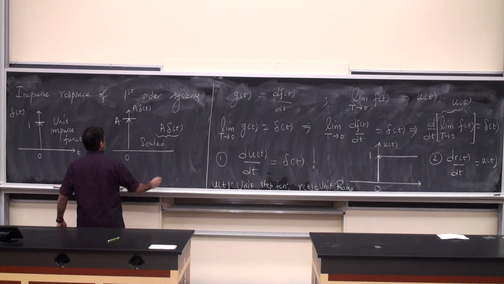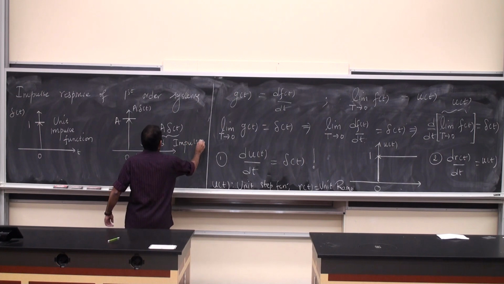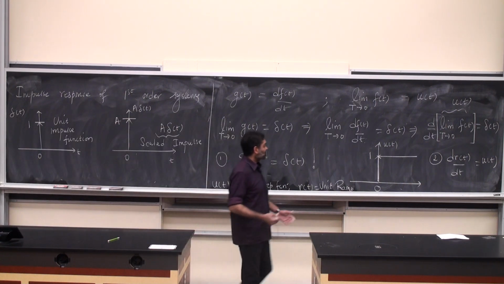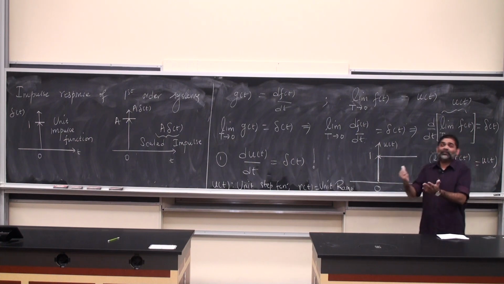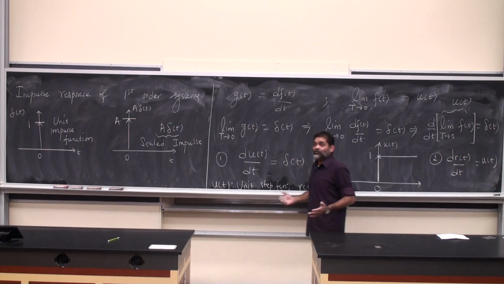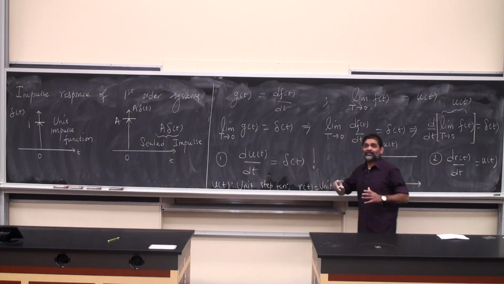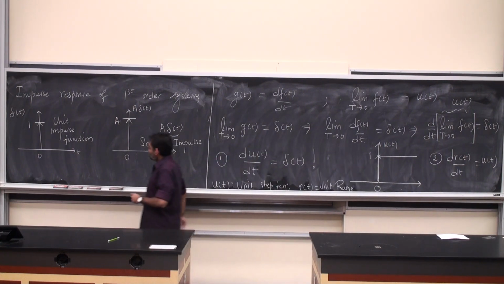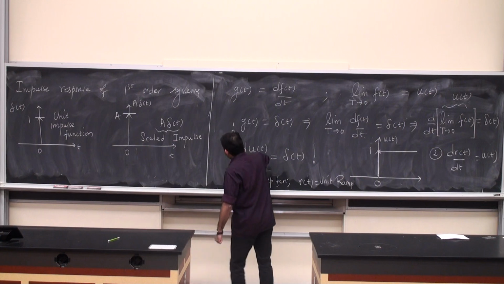This is at t is equal to 0. A scaled impulse. Okay? And the practical application is in many situations you have a hammer blow or some kind of an impact. That impact has a certain magnitude, the force is a certain magnitude. So this A becomes the magnitude of that particular force, the area under the curve at that instant in time, over a very short duration of time. So using this, not the magnitude, the area under the curve, sorry.